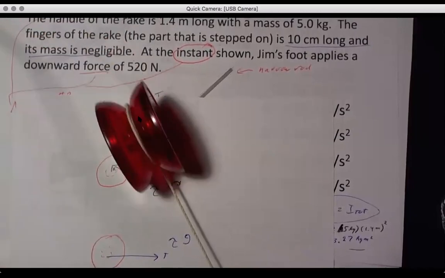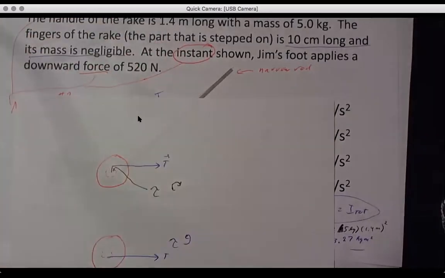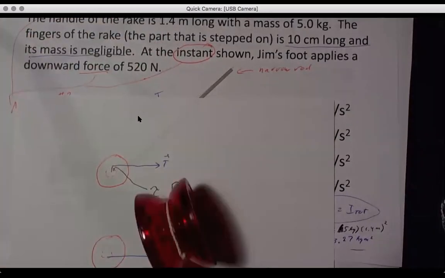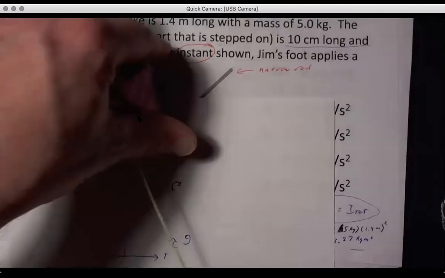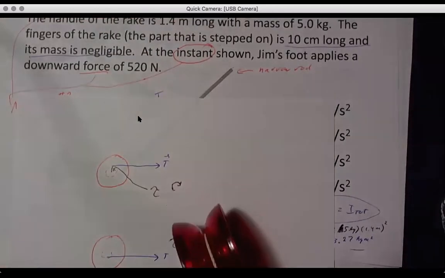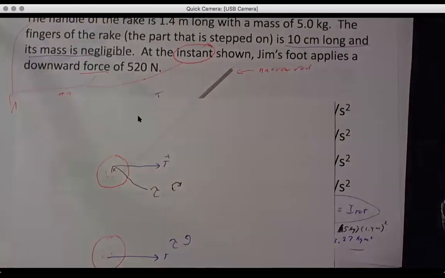But guess what? It comes to me even faster. What's going on here? If I pull it this way, it doesn't come that much faster at all. But once you start shortening that thing, it just zooms right across.